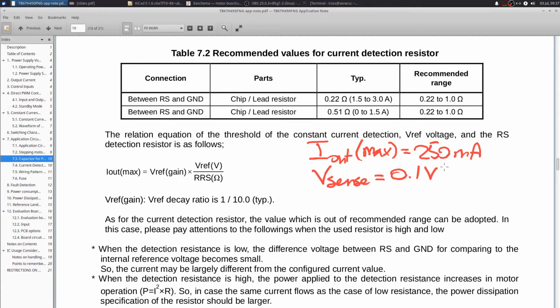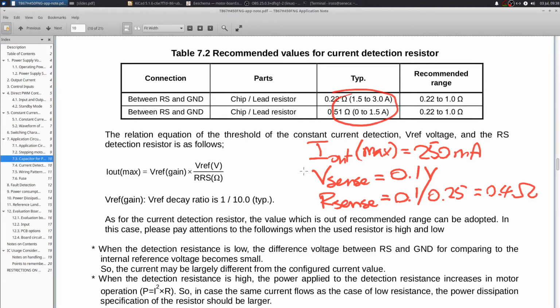So that means that when the motor is drawing 250 milliamps, you should see a voltage of 0.1 volts across the sense resistor. And so our sense resistor is just 0.1 divided by 0.25: 0.1 volts, 0.25 amps, which gives you a sense resistor value of 0.4 ohms, which is in the range that they recommend.